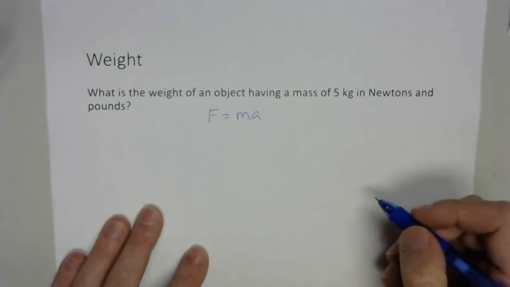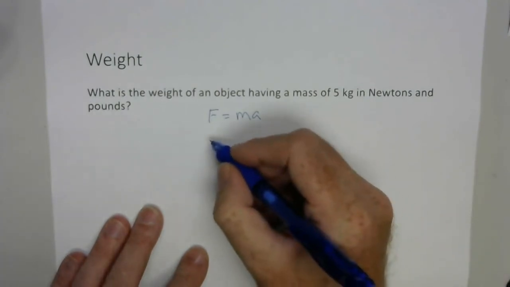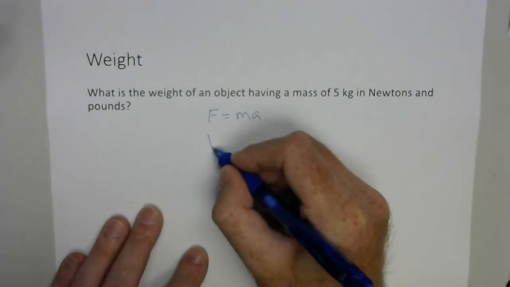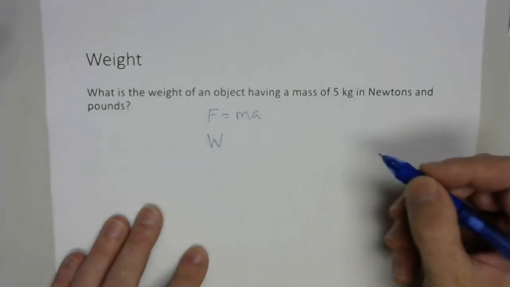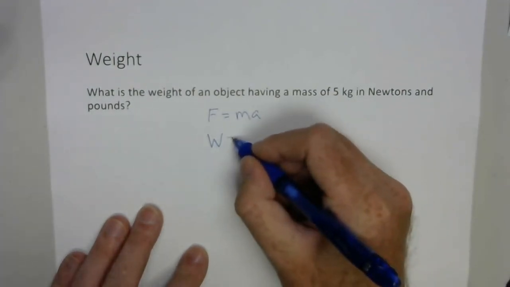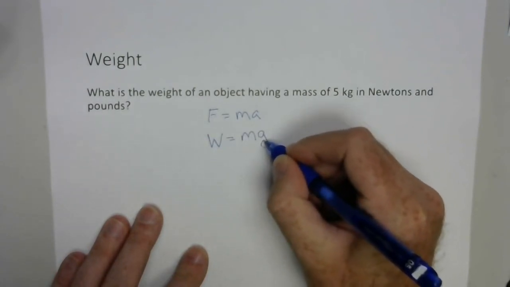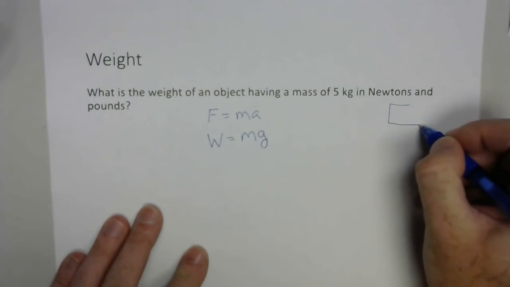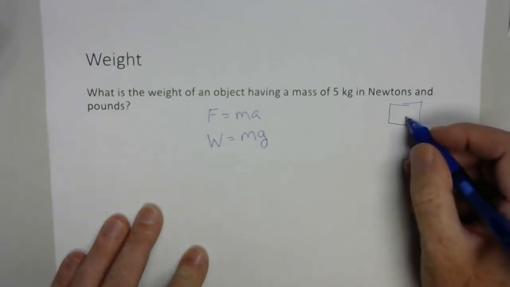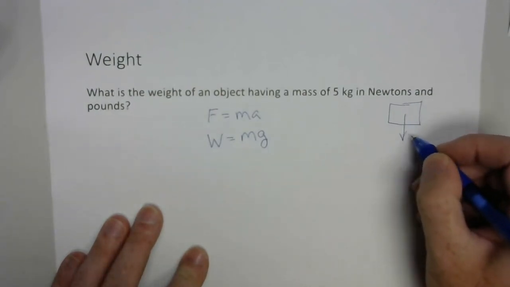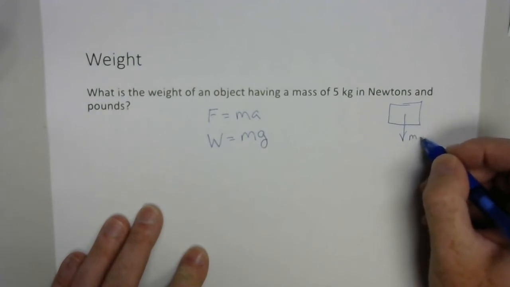if we do a slight substitution and say, well, the force that we're exerting is just the weight, then it's equal to the mass times the gravitational constant. If we have an object that has weight, that force vector is always pointing straight down.